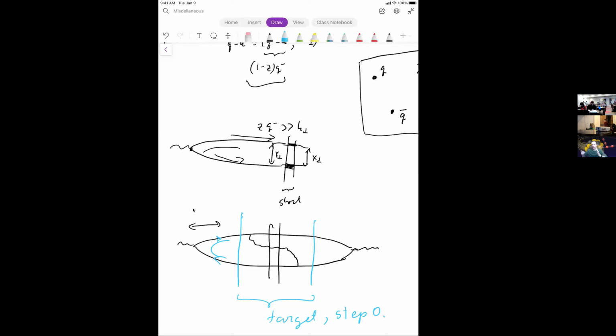And then we start renormalizing it, and we say, okay, well, when we look deep inside the target, it turns out that it's not just one big target. We may have this gluon emission, and then we have a smaller target. So this is a target at step 2. But each emission here is still Eikonal. Again, there is no change in x perp in all those emissions. Change of x perp happened outside, before and after.